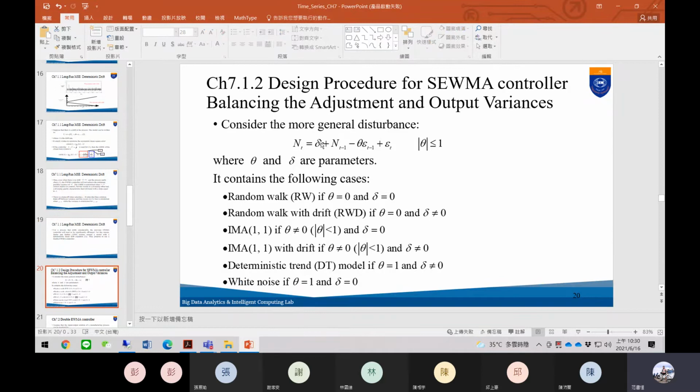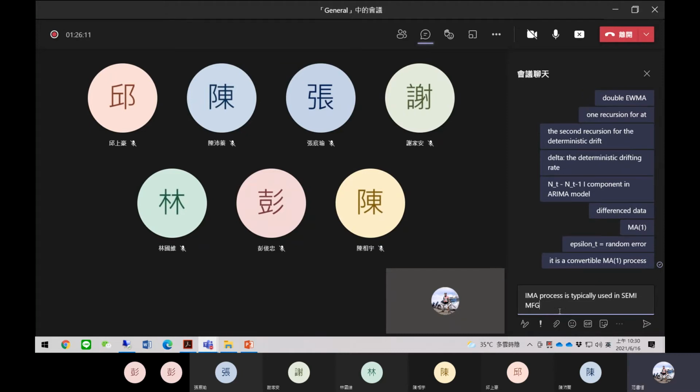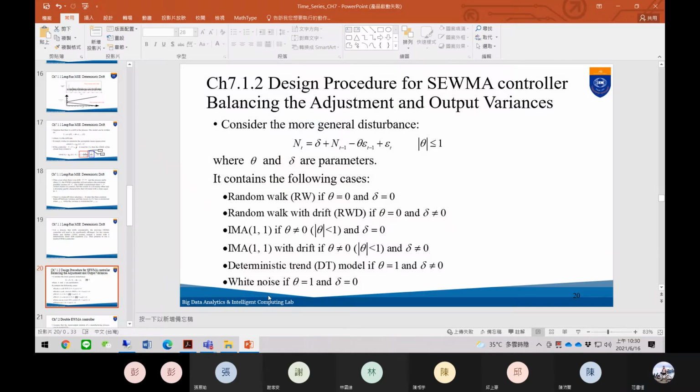So this is IMA. The IMA process is very frequently used in semiconductor manufacturing. So-called IMA is used to describe some disturbance that has an influential effect on the output of the semiconductor processing step.